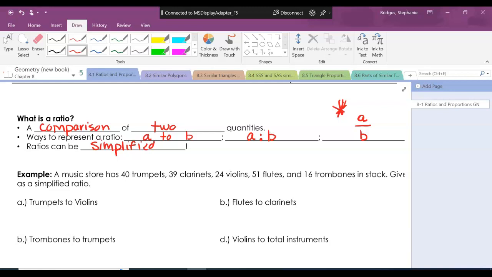Is everybody ready? All right, so it says a music store has 40 trumpets, 39 clarinets, 24 violins, 51 flutes, and 16 trombones in stock. I'm going to teach you how to use your calculator to help you simplify these ratios.